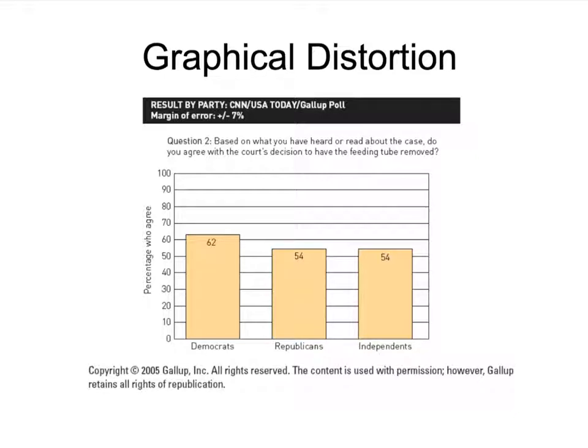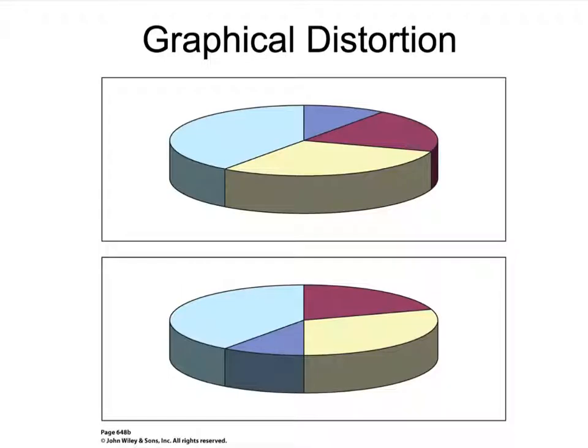All right, so that's one way we can encounter graphical distortion. Another way we can encounter graphical distortion, this happens frequently when people are trying to make a prettier graph. Here we have two pie charts. These are the exact same pie chart. If we look here, it looks like we have a much bigger portion over here in purple than we have here.